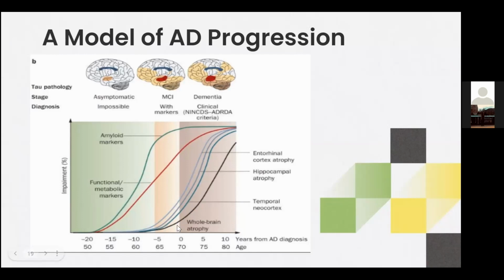So as atrophy increases, cognitive function decreases, which means, for example, a patient with greater hippocampus volume loss over time also has severe memory decline over time.